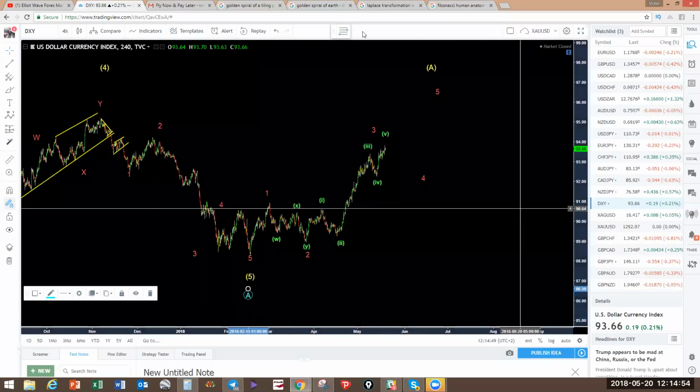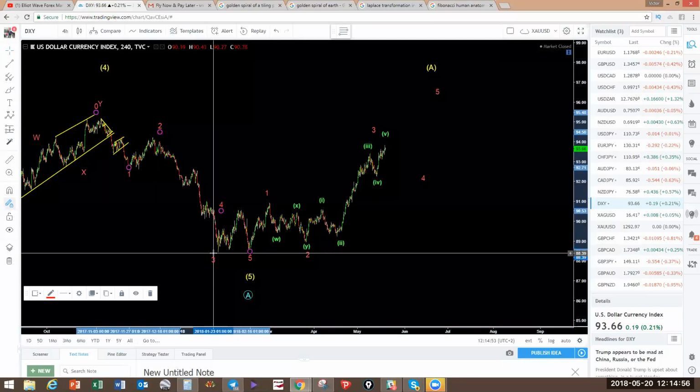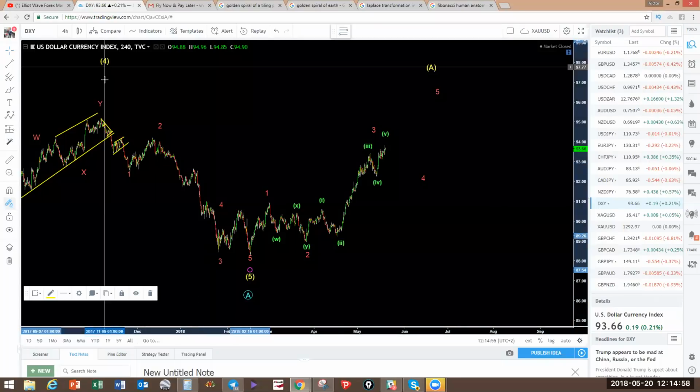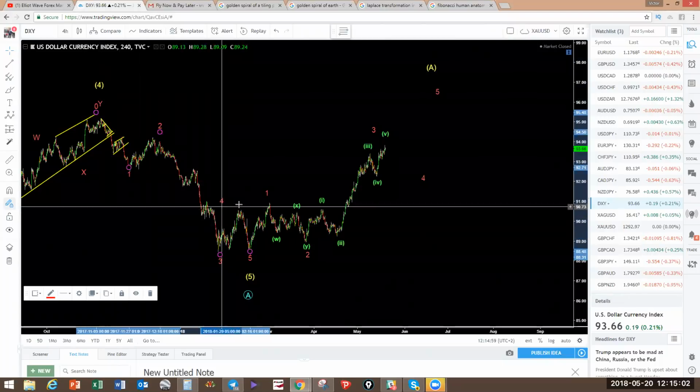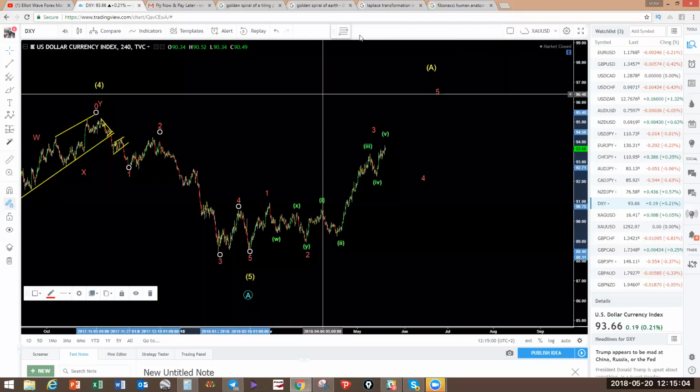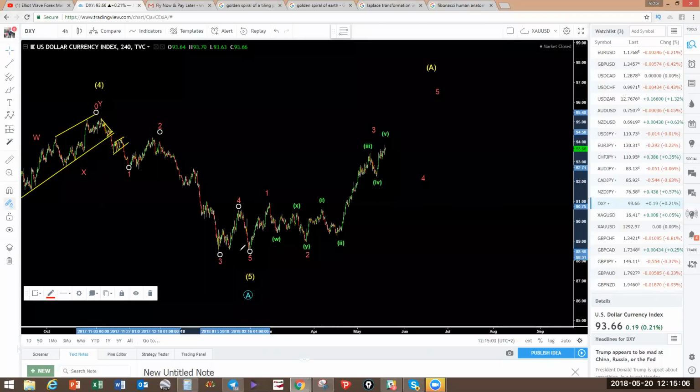On that wave 5, we had 1, 2, 3, 4, with a truncated 5th wave. From there, we started the move up. From that move up, we've got wave 1, 2, right? We've got wave 2, and now we have started in the lower degree: 1, 2, 3, 4, 5.